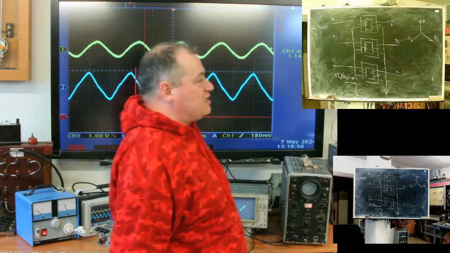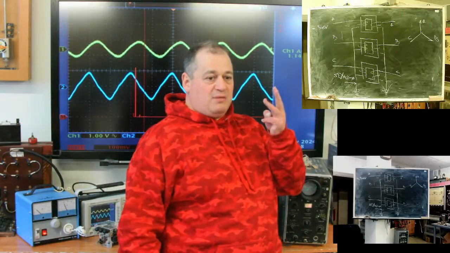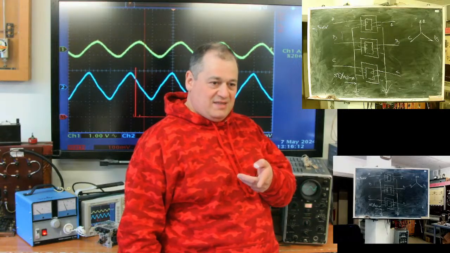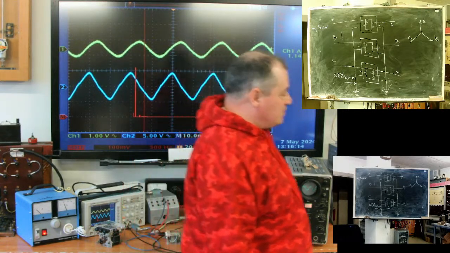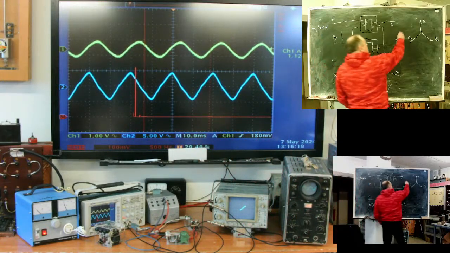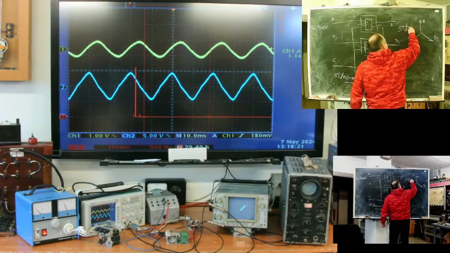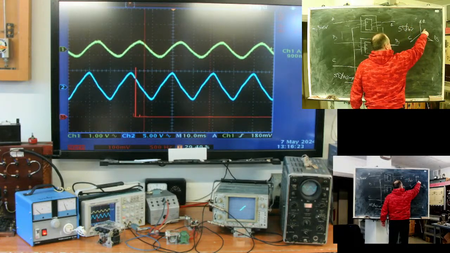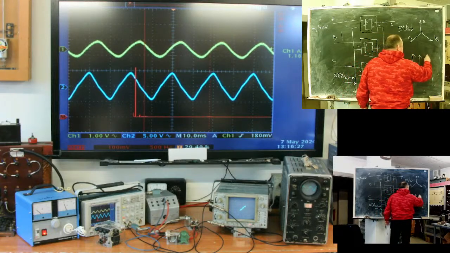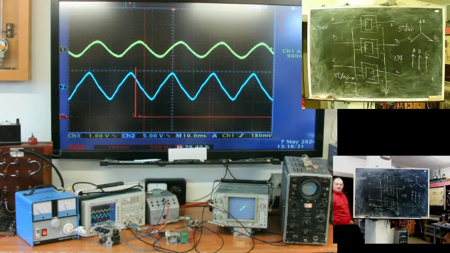And what about 150? What about the third harmonic? For 150, it's a zero sequence, A, B, C. We will see triple current.